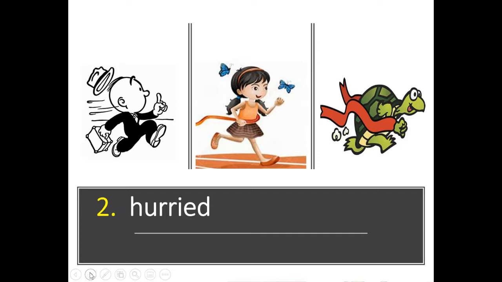Hurried comes from the verb to hurry. It means rushed and got there quickly. So it looks like the man rushed somewhere, the girl rushed and ran, the turtle rushed or hurried.